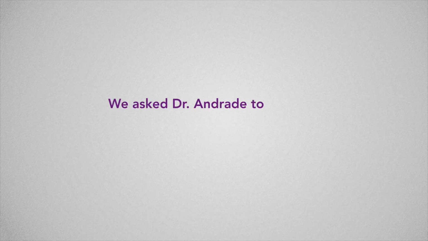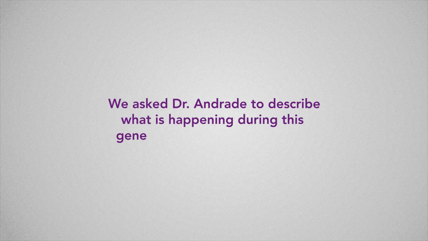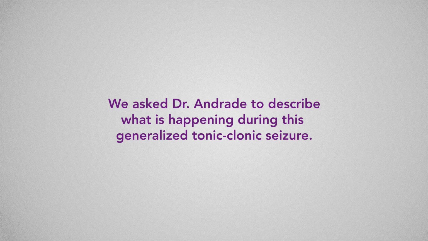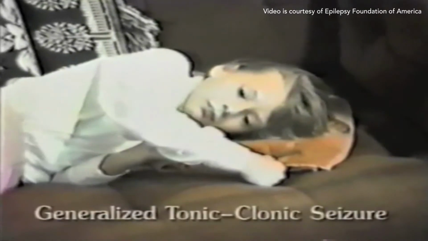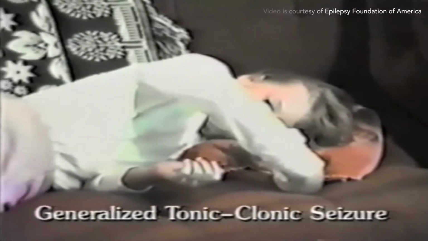We asked Dr. Andrade to describe what is happening during this generalized tonic-clonic seizure. This is an example of a convulsive or a motor seizure. So just notice how there's a twitching component of the body of the child, affecting more so the right side. There's also some posturing going on. So there's the tonic component or the stiffening of the body.